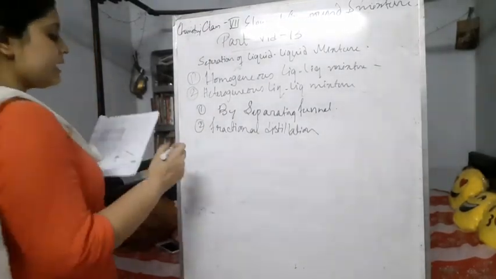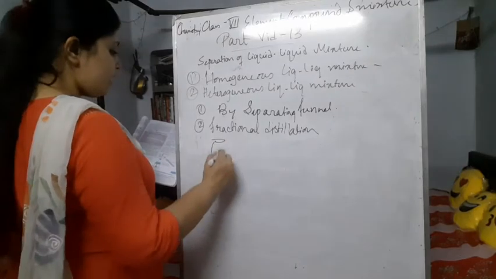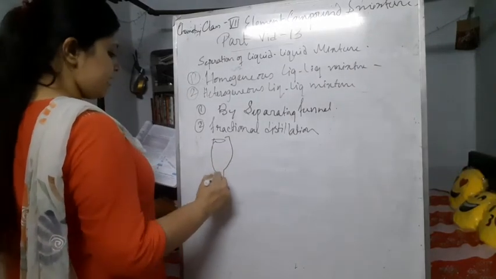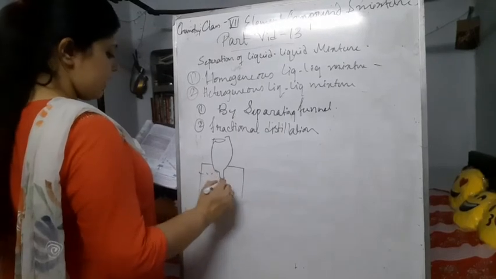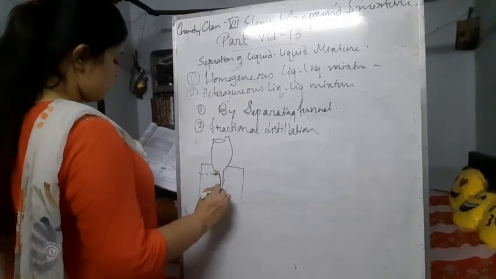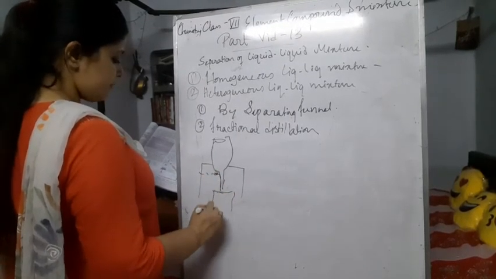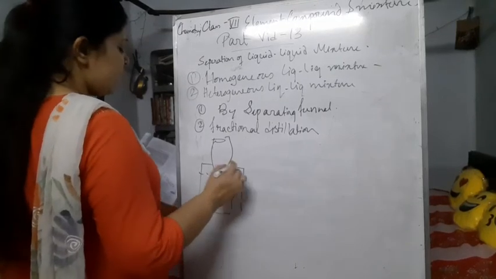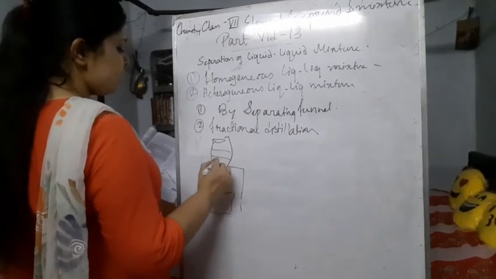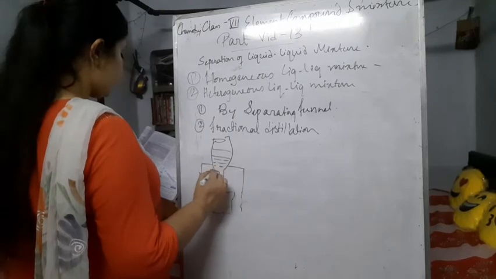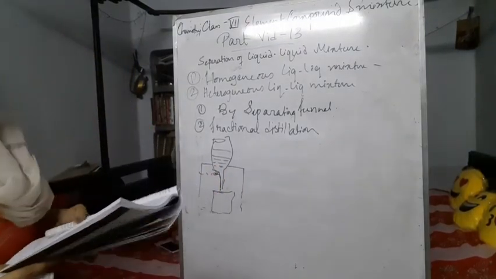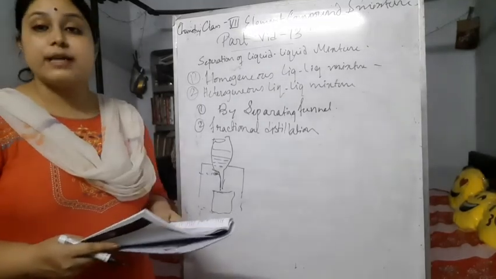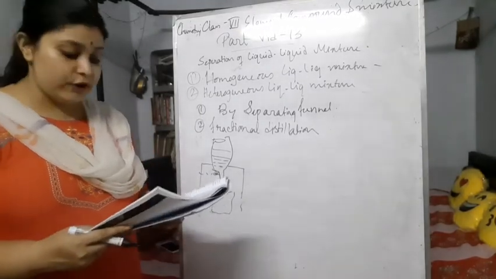Here this type of funnel is present, and one cork is also present here. Suppose we take kerosene mixed with water. The mixture is placed in a separating funnel and allowed to stand for some time.